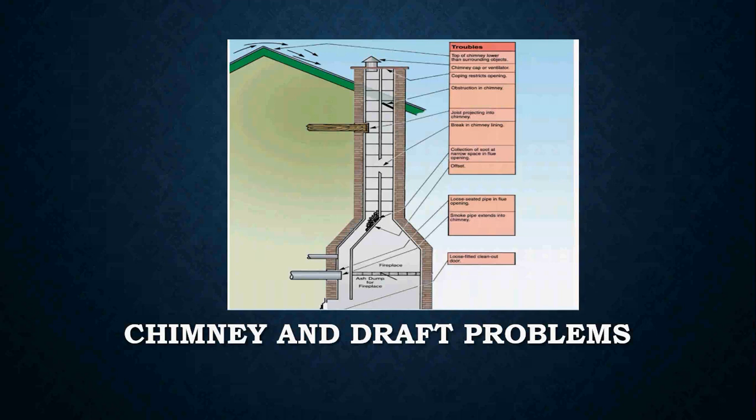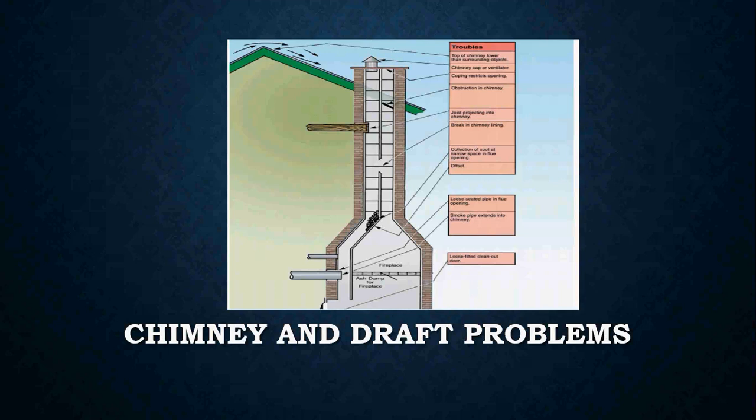So, problems with your chimney and draft. There's a lot of different things that can go wrong. You can have loose fitting clean out doors. You can have smoke pipe extending into the chimney. You can have loose seated pipes with the flue opening. You can have an offset. You can have a break in your chimney lining, joists projecting into your chimney, an obstruction in the chimney, maybe like a dead raccoon or something like that.